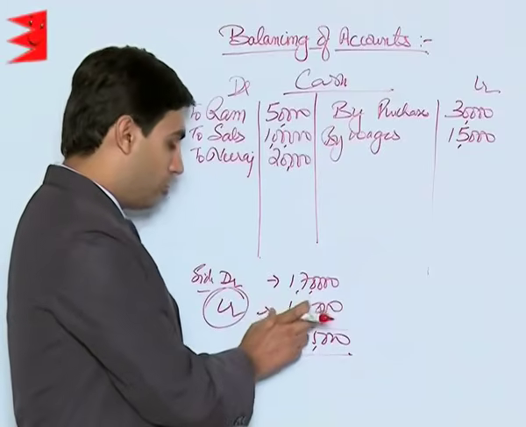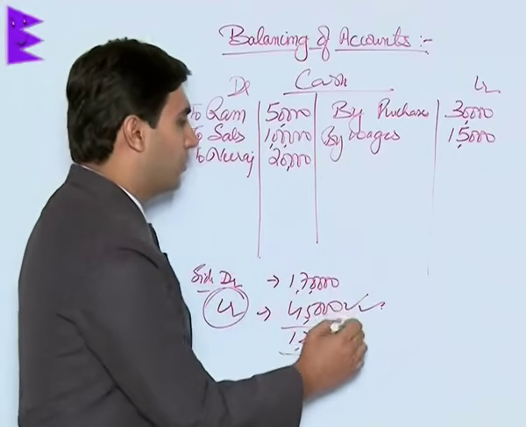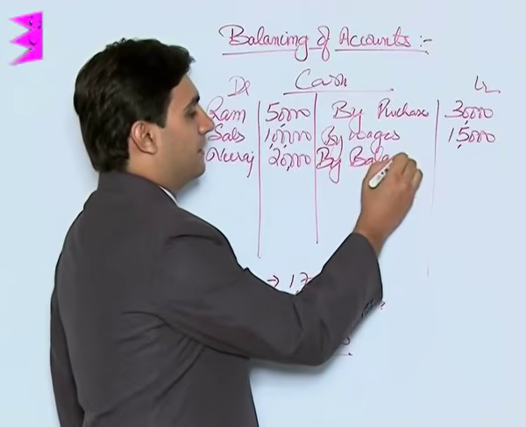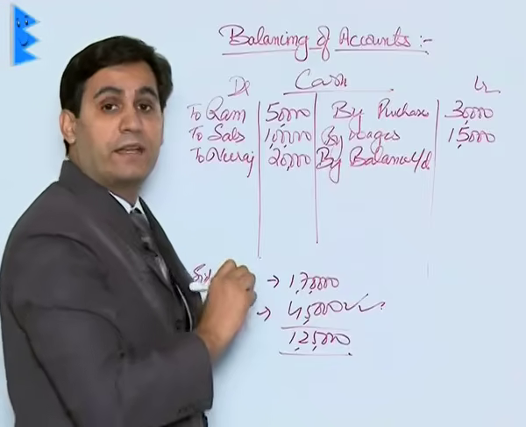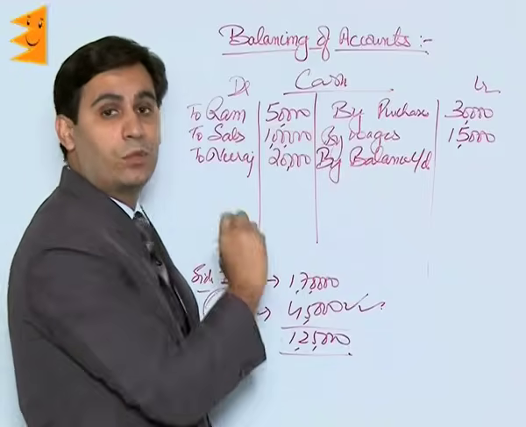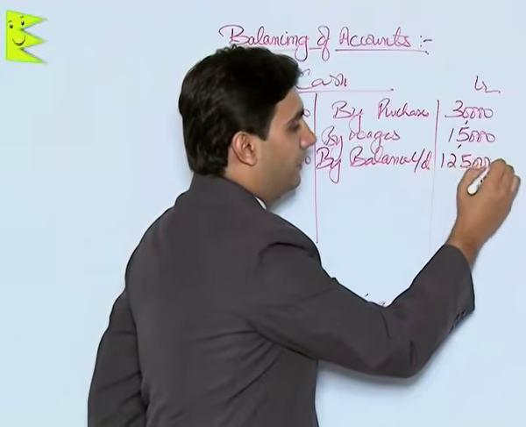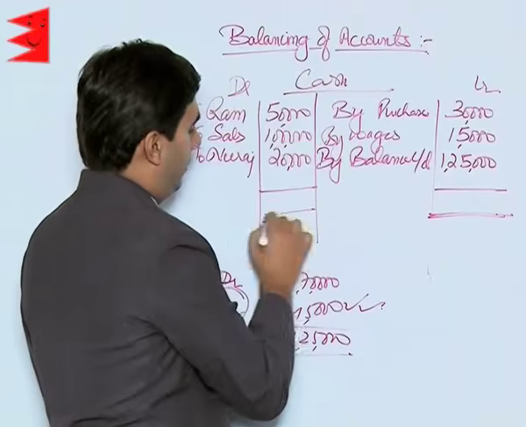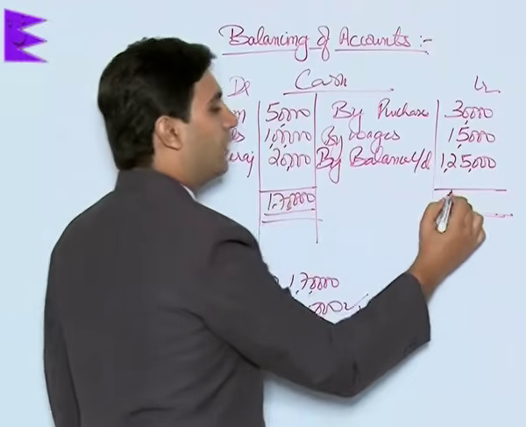Since the debit side is greater and the credit side is smaller, we all know the balance is shown on the smaller side. So on this side, the balance would be shown on the credit side and written as by balance CD. CD means carried down, that is carried down to the next accounting period. So in this case, 1,25,000 will appear here and the totals would be 1,70,000 on both sides.